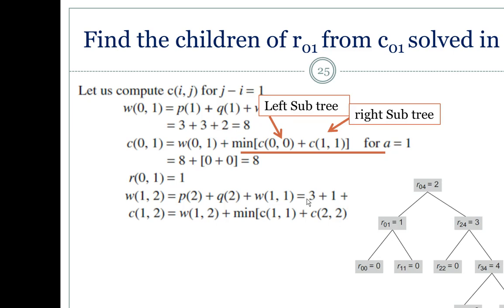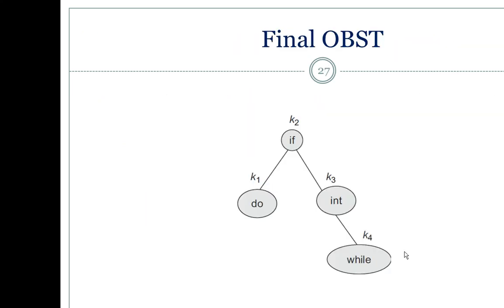Likewise, we have to find out the complete OBST. The R values are given that we have to consider. R of 01 is 1, R of 24 is 3. So here we have to consider the third key. Here we have to consider the first key, and R of 00 is 0, R of 11 is 0. It means all these are the extended nodes that are required for unsuccessful search. So this is the final OBST.